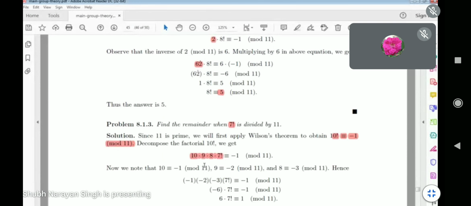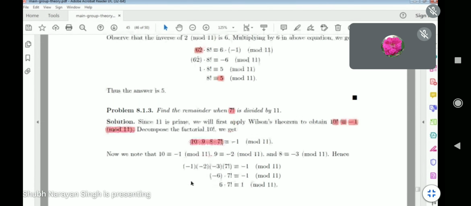Then we replace 10 by minus 1, because 10 is congruent to minus 1 modulo 11; 9 by minus 2; 8 by minus 3. After replacing, we get this equation: minus 1 into minus 2 into minus 3 into 7 factorial is congruent to minus 1 modulo 11.